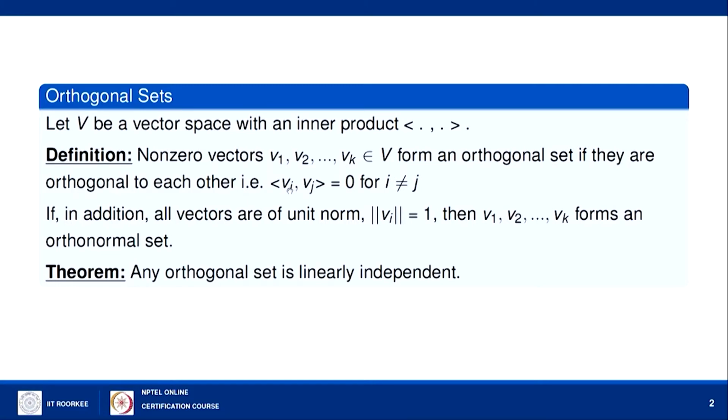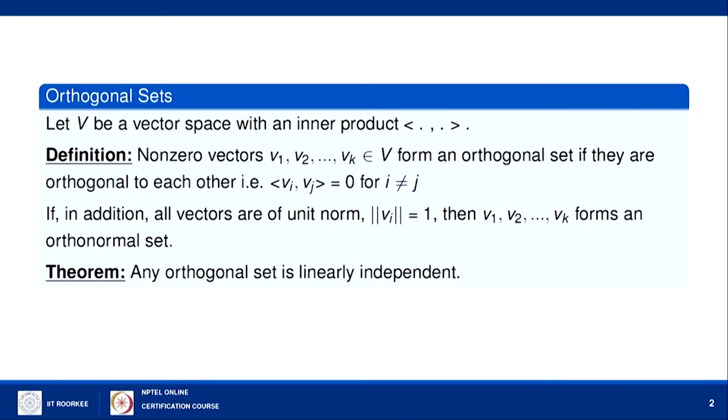It means the inner product of Vi and Vj equals 0 whenever i is not equal to j. If in addition all vectors are of unit norm, that is, the inner product of a vector Vi with itself equals 1 for all i from 1 to k, then it is called an orthonormal set, meaning V1, V2, ..., Vk form an orthonormal set.